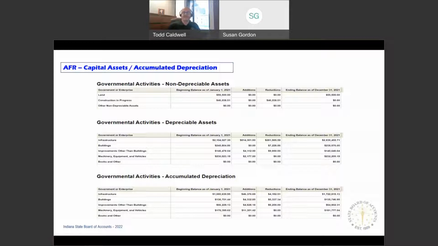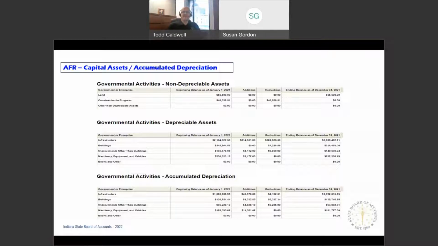They didn't get rid of any machinery and equipment in 2021, so there's no reduction to accumulated depreciation. And if you hop up to the middle section on that line for machinery and equipment, there's no reduction there either.